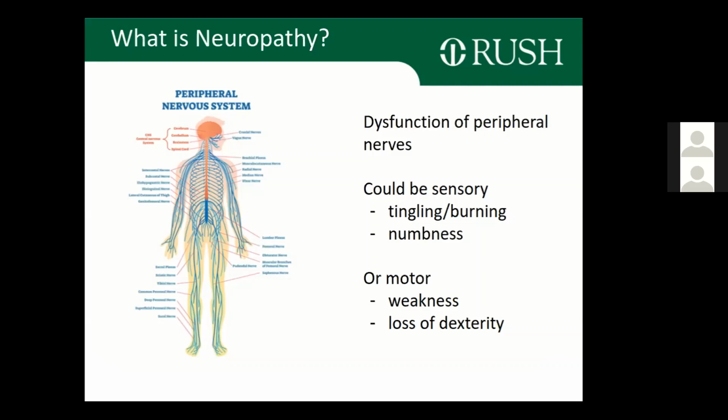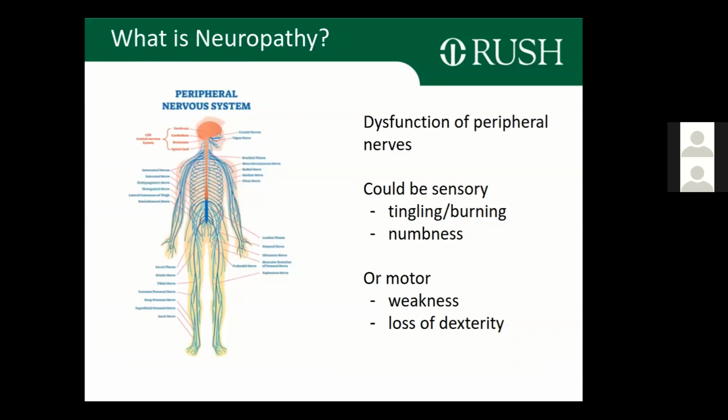So when those sensory nerves are affected, what the patients feel is generally that tingling, burning sensation in hands and feet, or numbness, depending on which nerves are being affected. So those are generally the most common symptoms that we hear about.